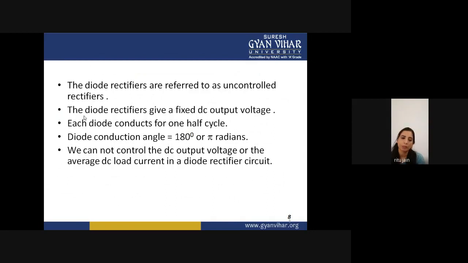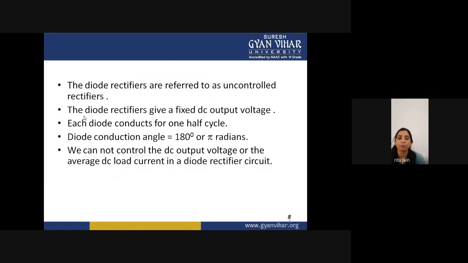If you are using a single diode, you can convert only the positive half cycle of the AC voltage into DC voltage. Now, if you are using two diodes in anti-parallel, then you can convert the positive as well as the negative half cycle of the AC input voltage into DC voltage. So the diode conduction angle is 180 degrees, or pi.